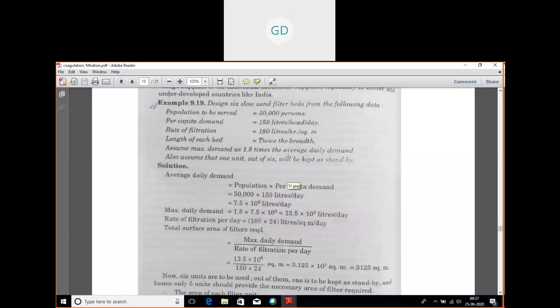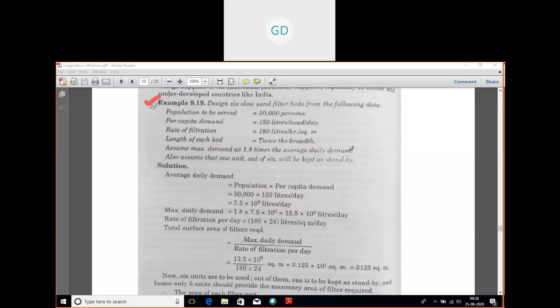Let's see the question. Design 6 slow sand filter beds from the following data. The population is given to be 50,000.